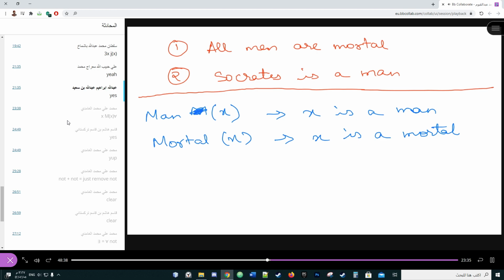So how do we translate statement 2? 2 is very simple. Muhammad Ali translated the first one also. So all men are mortal. This is the first translation. And the second translation is: Socrates is a man.